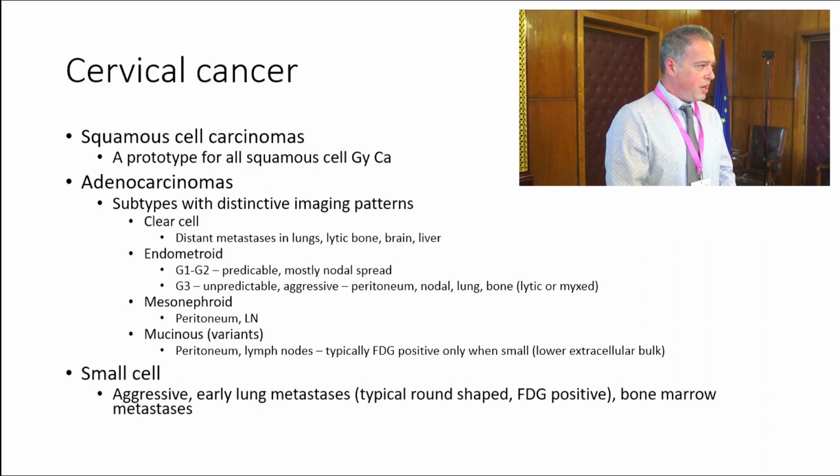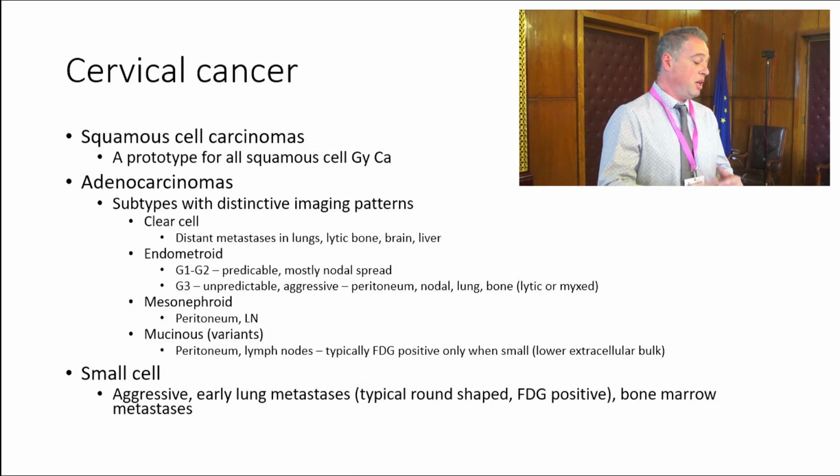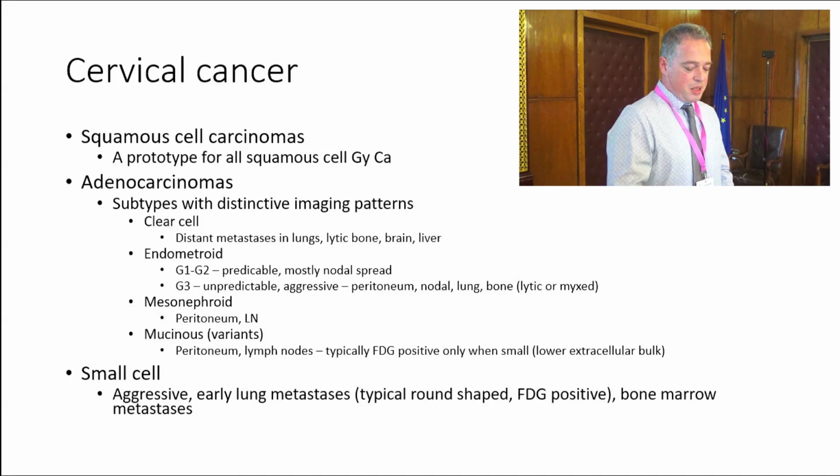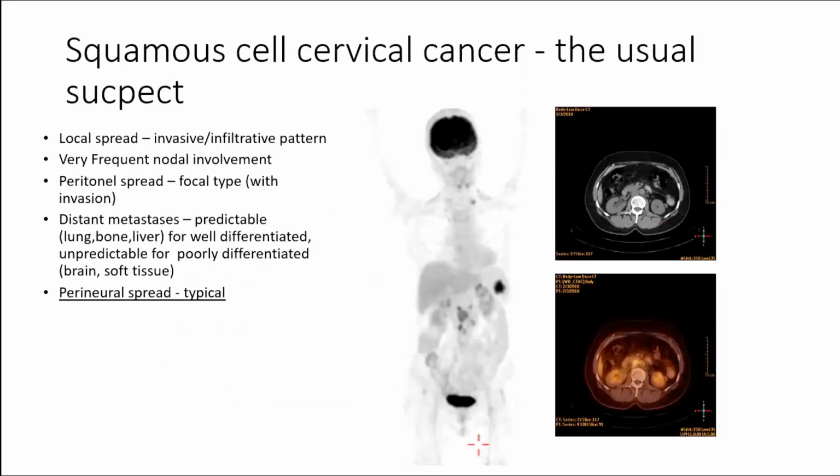And mucinous variants, which have a very typical appearance on imaging, we'll see later on. Small cell cancer also has a specific imaging pattern and behavior pattern. It's aggressive, it gives early metastasis, they could be lung, they could be bone, but they could be bone marrow. This is specific for small cell cancers.